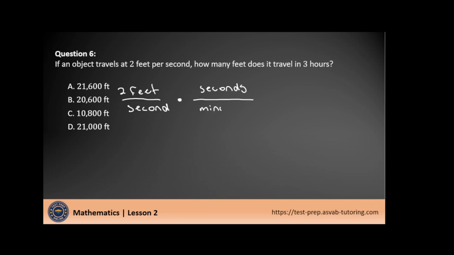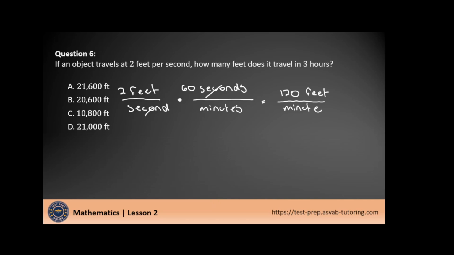That way the seconds cancel out. There are 60 seconds in a minute. 2 times 60 is 120, and that's going to leave us with feet per minute.